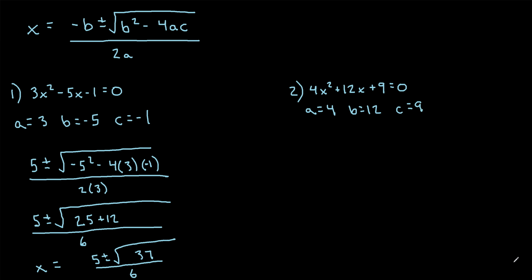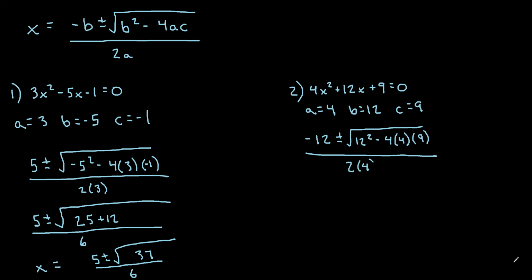So let's plug these values into the quadratic formula. So negative b, so that's negative 12, plus or minus the square root of b squared, so 12 squared, minus 4 times a is 4, times c, 9, all over 2 times a, 2 times 4.